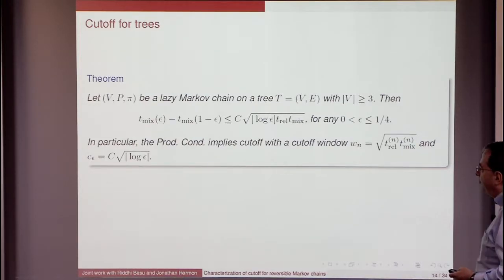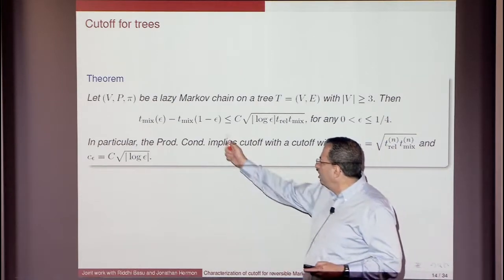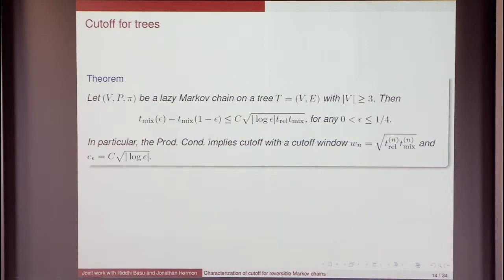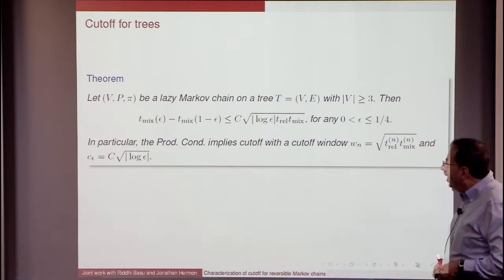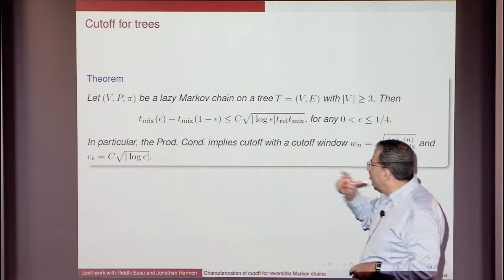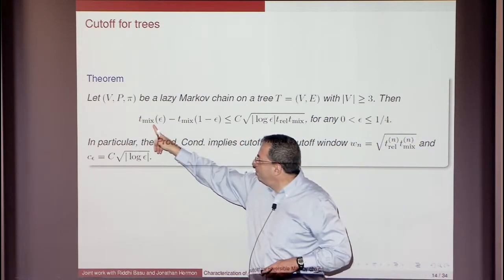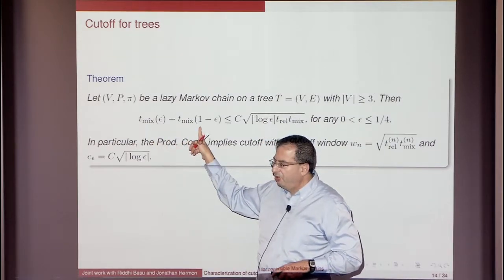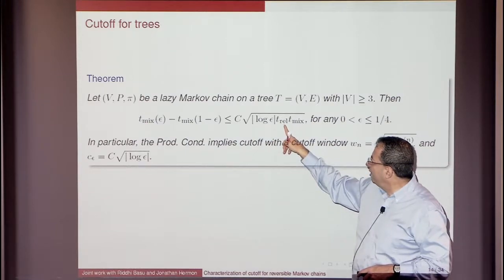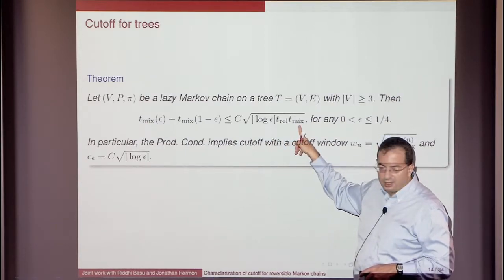So the mixing time, T mix epsilon minus T mix of... So here's a general statement about trees, but I'll explain how it follows from a more general statement in a moment. Here's one theorem: for any lazy Markov chain on a tree, you have a universal constant C so that the gap between T mix epsilon and T mix 1 minus epsilon is bounded by this quantity, the geometric mean of T rel and T mix.